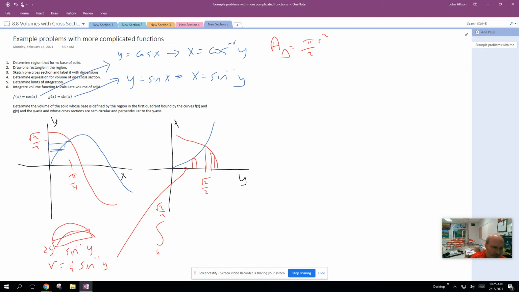So the volume of this one, that's not the volume, is it? 1/2. This is going to be the radius. That's the radius. That's not volume. That's what it was. So the volume of one of these is going to be 1/2 times sine inverse.